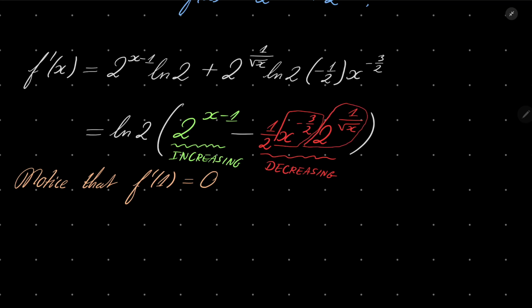So we have a composition of increasing and decreasing function. Everything is decreasing. So we have an increasing function minus some decreasing function. So the whole thing is increasing, and we have a positive constant right here. So the whole thing is increasing.